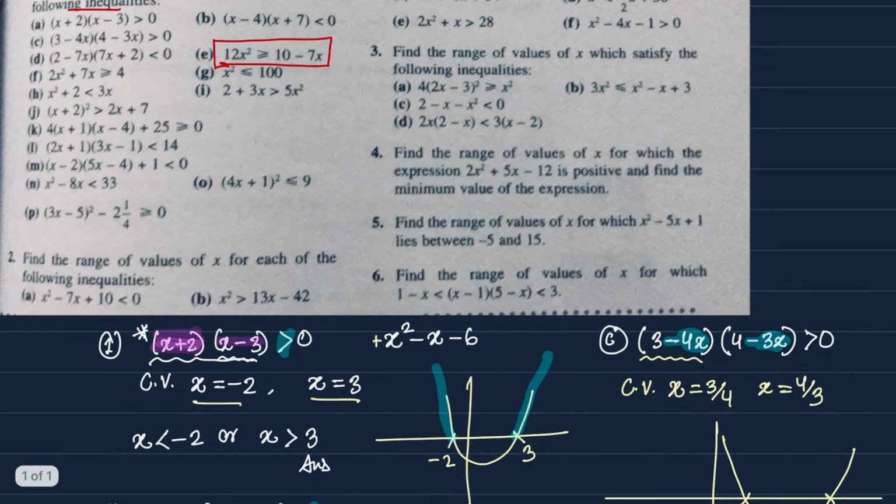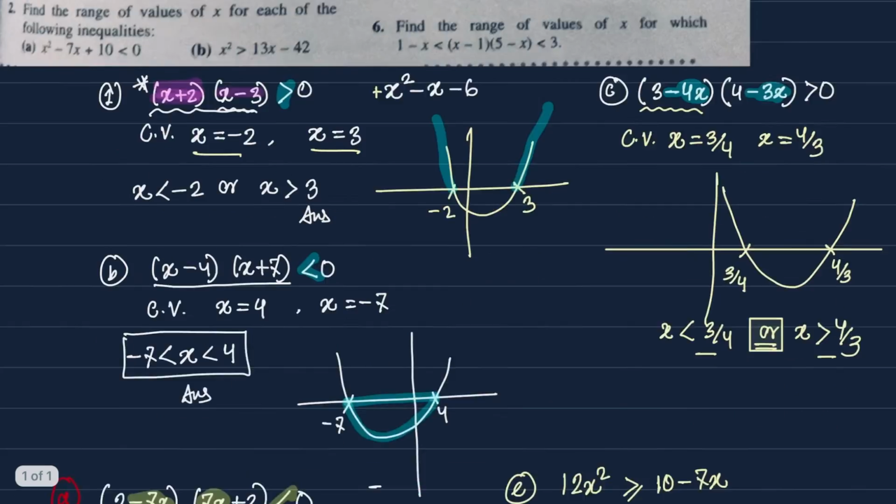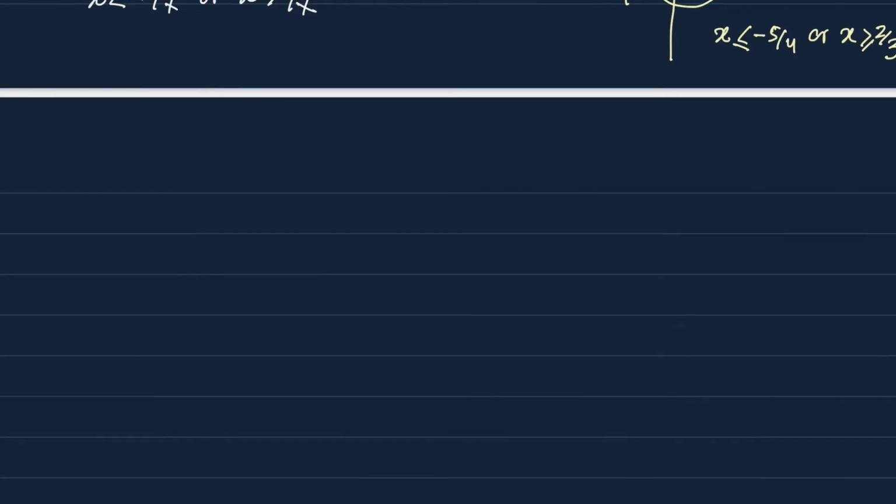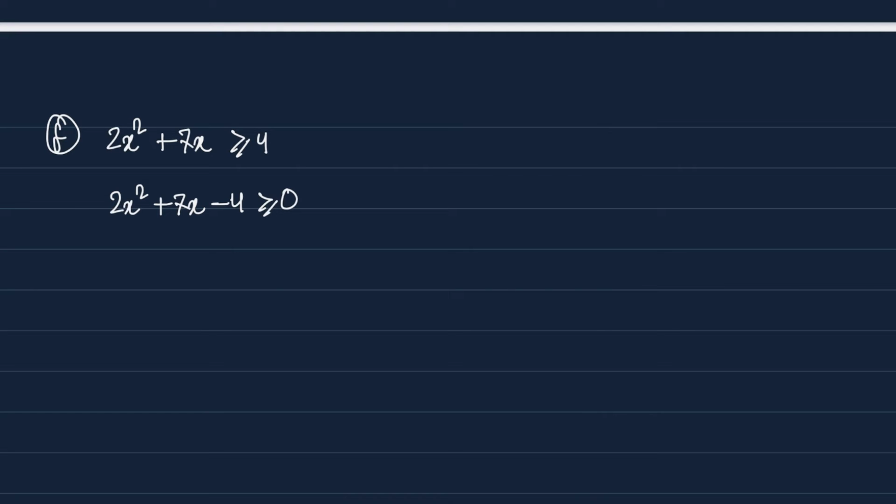Number F, 2x squared plus 7x is greater than or equal to 4. 2x squared plus 7x minus 4 is greater than or equal to 0.